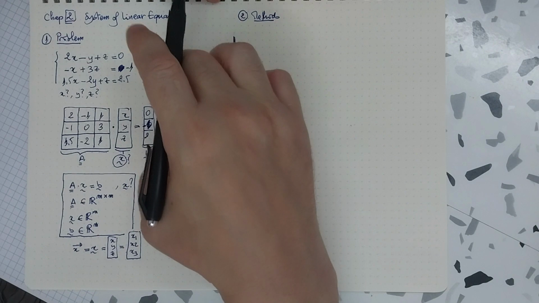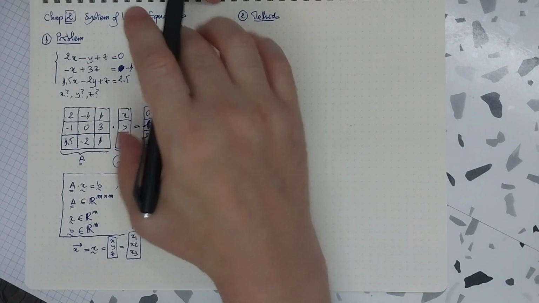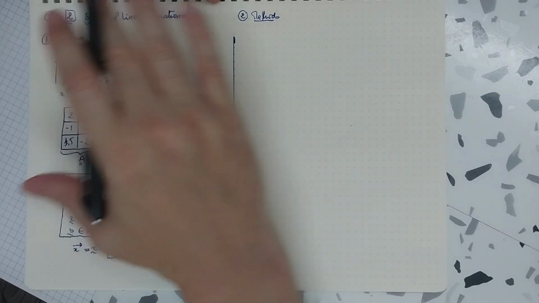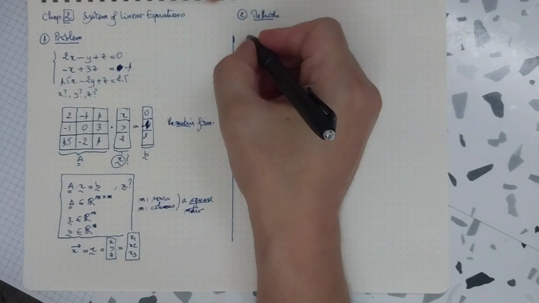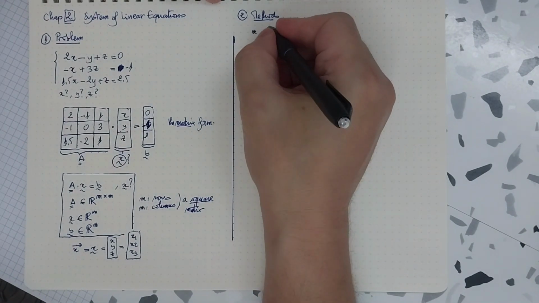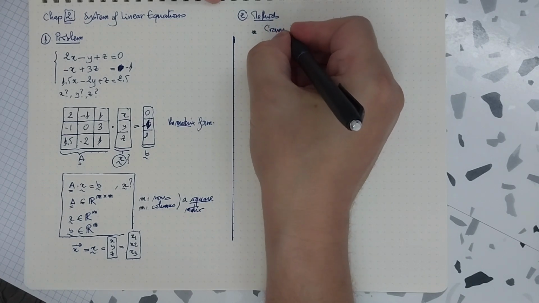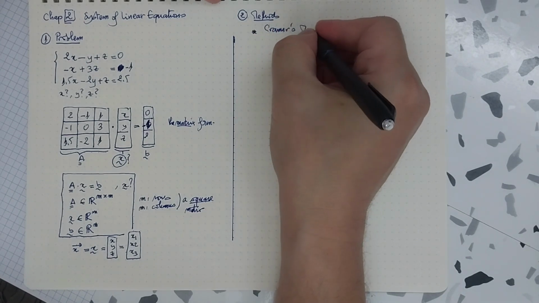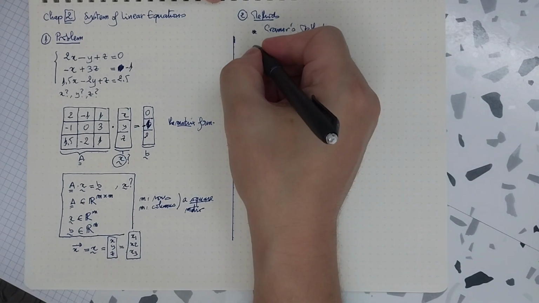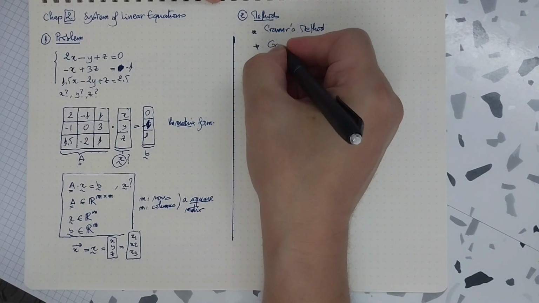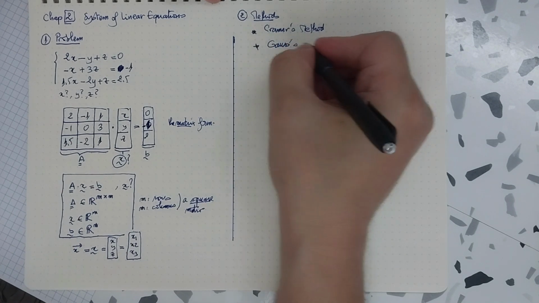But in this first course, we study only the basics, the foundation. And 2 methods are very important. The first is Cramer's method, and Gauss's method.